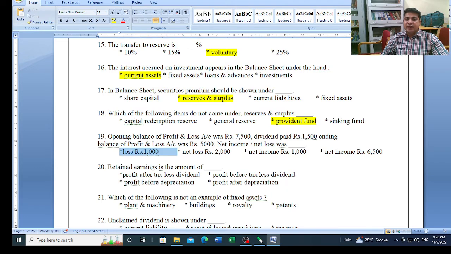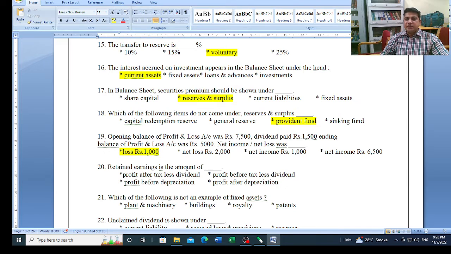It is considered a net loss. If it was 7,000, then 1,000 of net income would come. But the balance is 6,000 after deducting the dividend paid, and the end of the year profit and loss account balance is 5,000. It means 1,000 is reduced. It is shown as a loss.